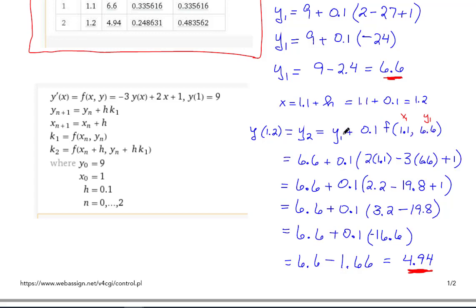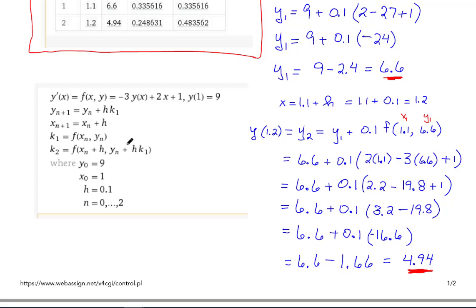All right, so y1 is where we left off, which was 6.6. I plug these two numbers into my flow field, and when you grind through all that, you get minus 16.6. Multiply that by 0.1, and so I get 6.6 minus 1.66, and I get 4.94. So we essentially made two steps in this process.